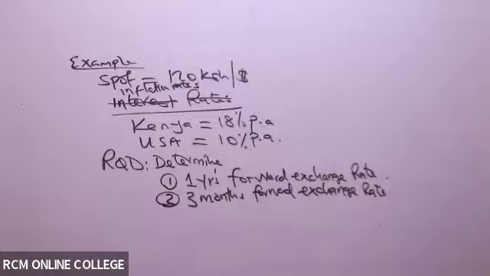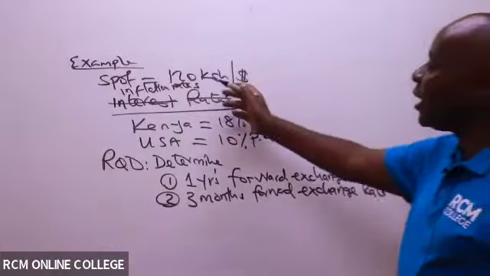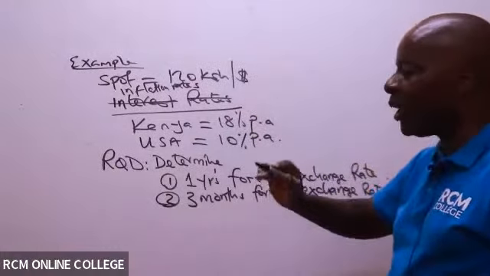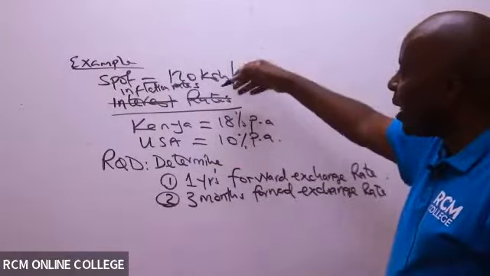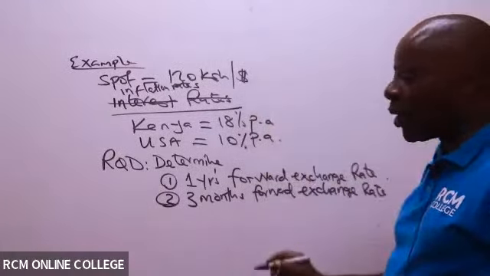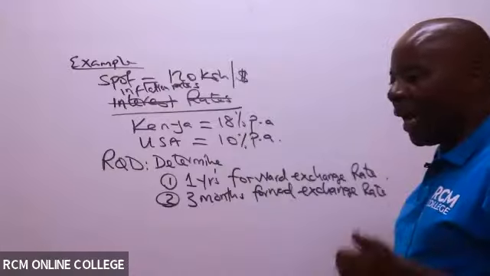So, ladies and gentlemen, in this question, we have 2 countries. Which countries are involved? You can see we have the Kenya shilling, so Kenya is here, and the dollar, so the US is here. So we've got 2 countries: Kenya and the USA.